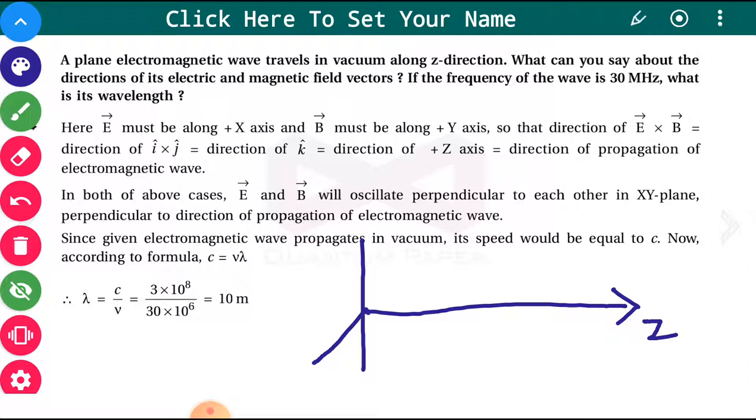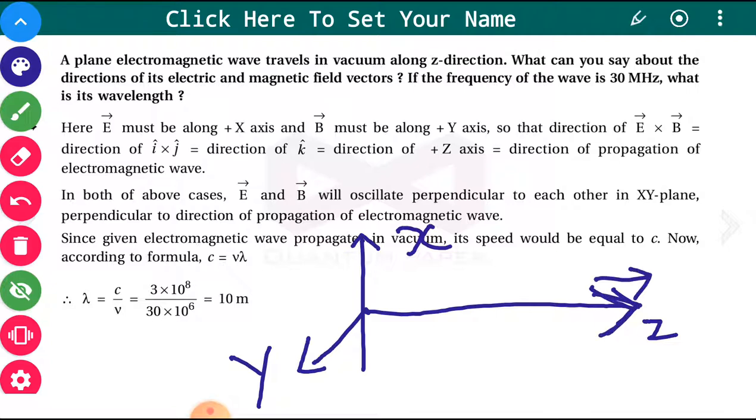So the electric field vector is in the x direction and the magnetic field vector is in y direction. So that E cross B must give the direction of propagation. So E cross B, this is the direction of propagation, that is z direction.